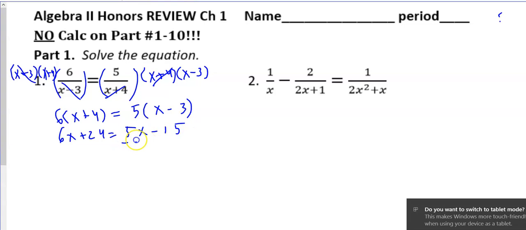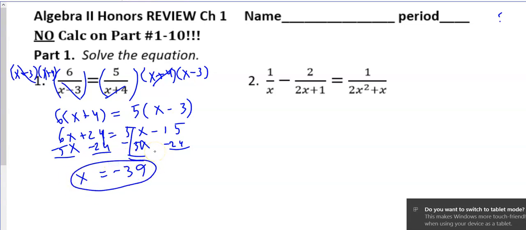This is not bad. Subtract 5x. Subtract 24. And you get x equals negative 39. Not a bad idea to plug it in, especially to the denominators, but I think that works in the denominators, so I'm guessing it works overall.